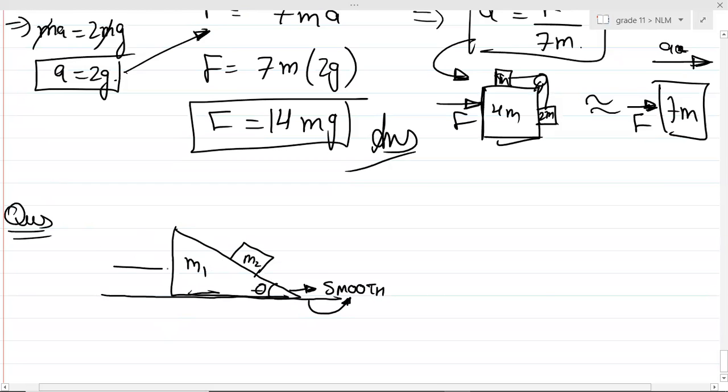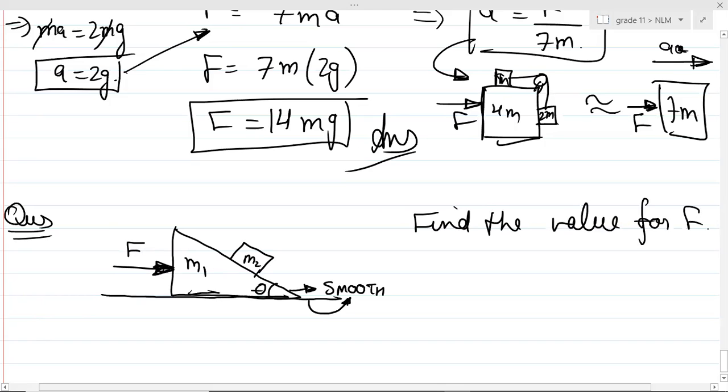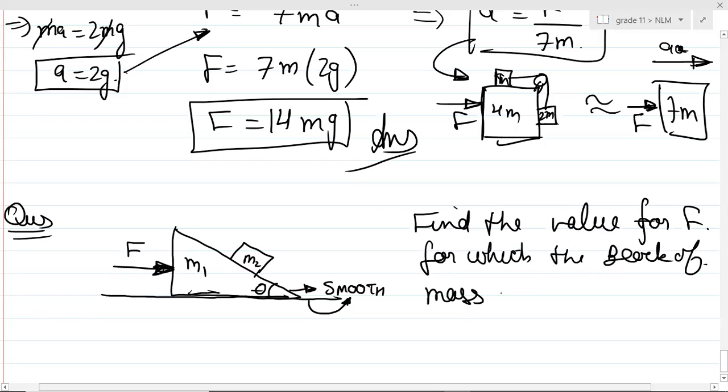Now the question is, if I push the wedge by a force F, so when the system shown is released from rest, find the value of F for which the block of mass m will remain at rest over that.